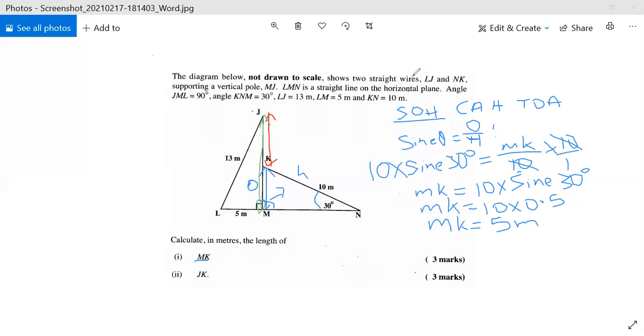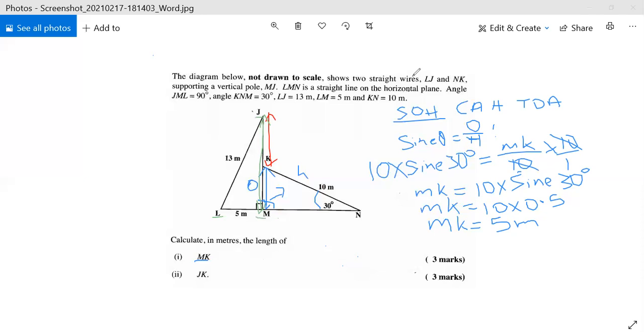So now we are focusing on this other triangle with JM and L. We need to find what JM is.